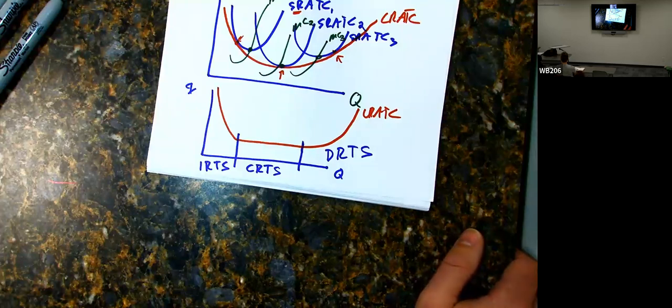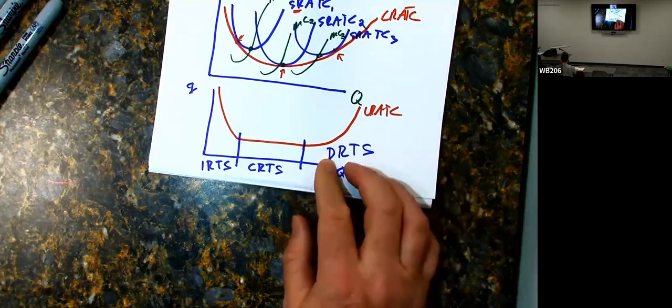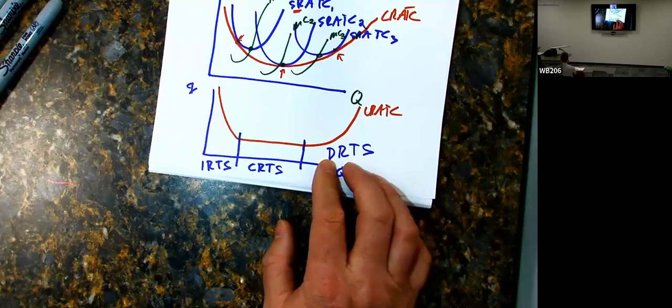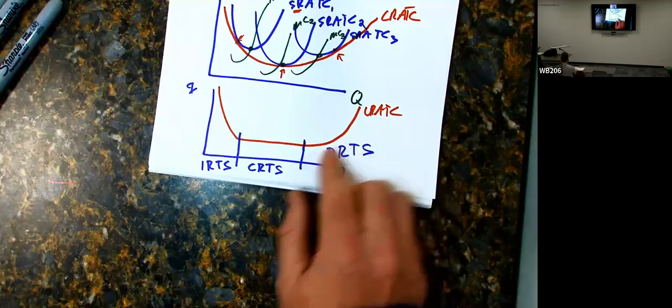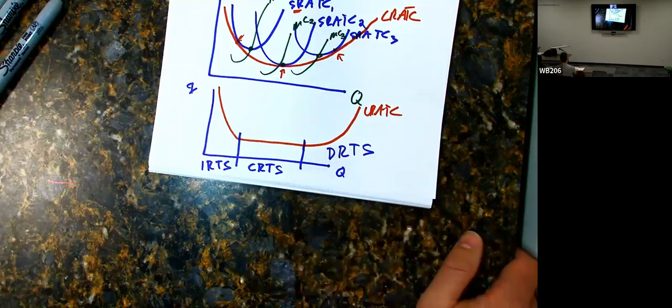Once the firm achieves an optimal size plant, if it were to increase output, then it enters into diseconomies of scale because costs start rising. One of the diseconomies of scale could be simply the diseconomy of management. In other words, if the manager has too many things to manage, the manager might mismanage some of them.